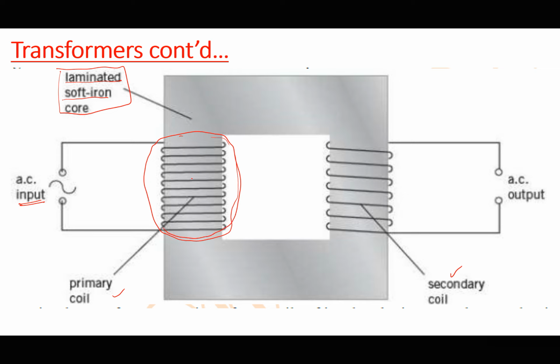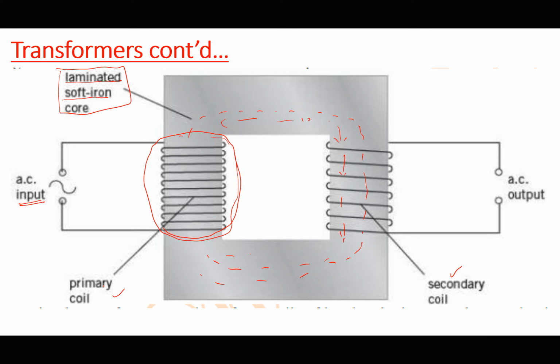Because the current is changing, the magnetic field keeps changing direction. However, this magnetic field spreads into this iron core. So the magnetic field is spreading through the iron core, and the iron core is acting as a link.